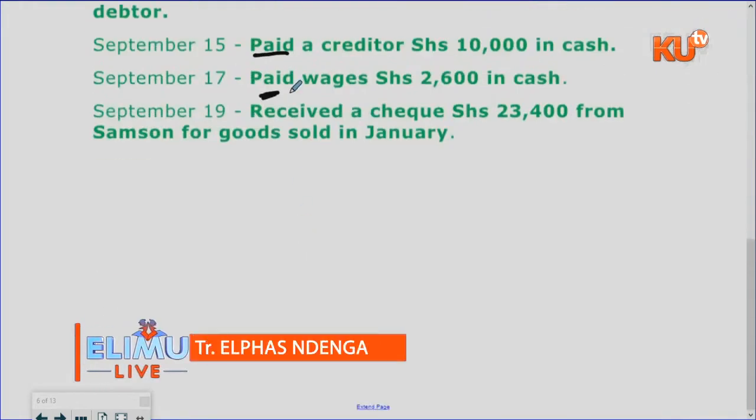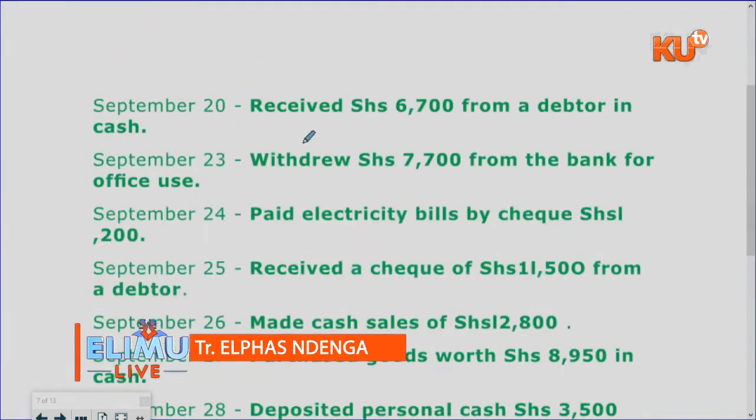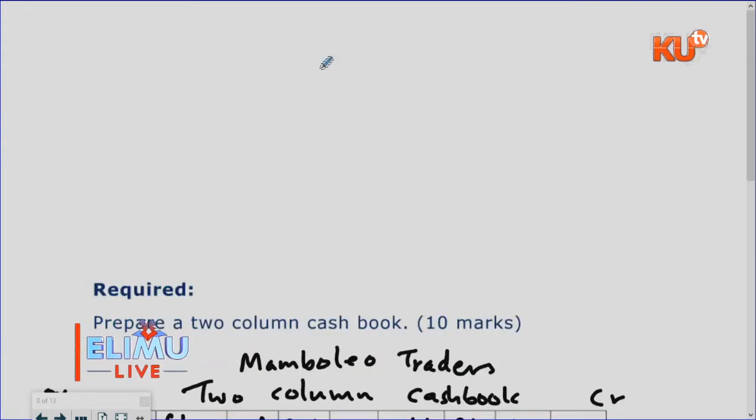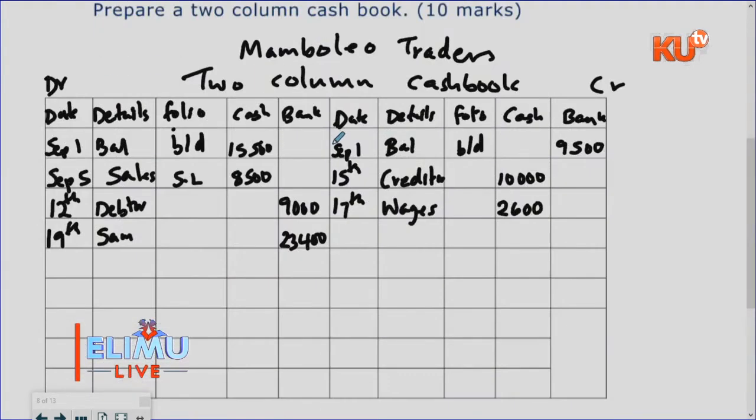On 20th, received 6,700 from a debtor in cash. Again, the word is received, so we will debit this one. We received 6,700 in cash from a debtor. So I will come on this date, I will write that is on 20th.